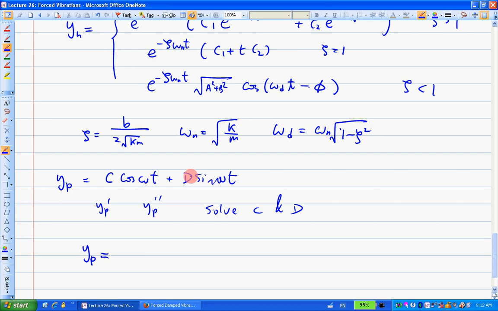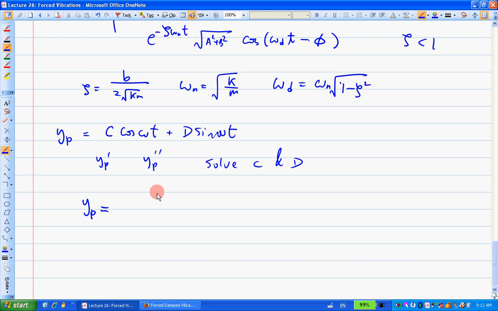Because this is a sinusoidal term, and both have omega here, I can combine the two sinusoidal terms into one. After combination, I end up with yp equal to E cosine omega t minus phi.